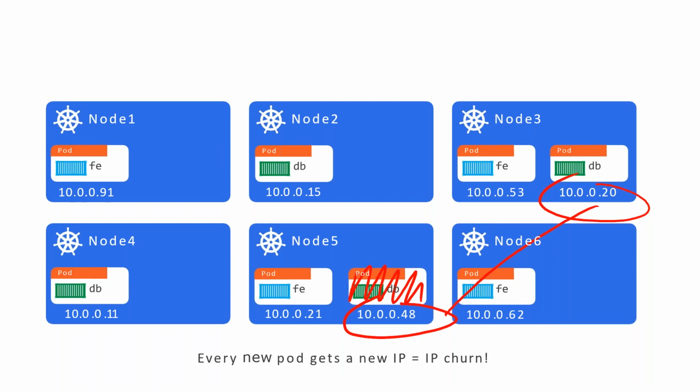Are you comfortable with this image so far? Yes, the database pod IP will keep changing. Let's say some pod gets destroyed. A new pod will be created on some worker, so the IP address automatically will change. Correct, no?